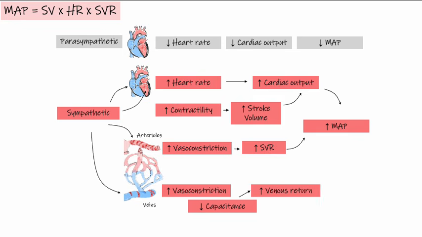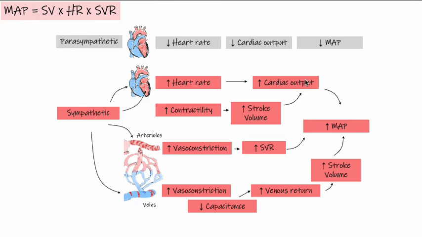We decrease their capacitance. That causes an increase in venous return, which is going to result in an increased stroke volume, which is going to result in an increase in mean arterial pressure. So it's the interplay between these various responses that the sympathetics and parasympathetics can bring about that is how we regulate our mean arterial pressure.